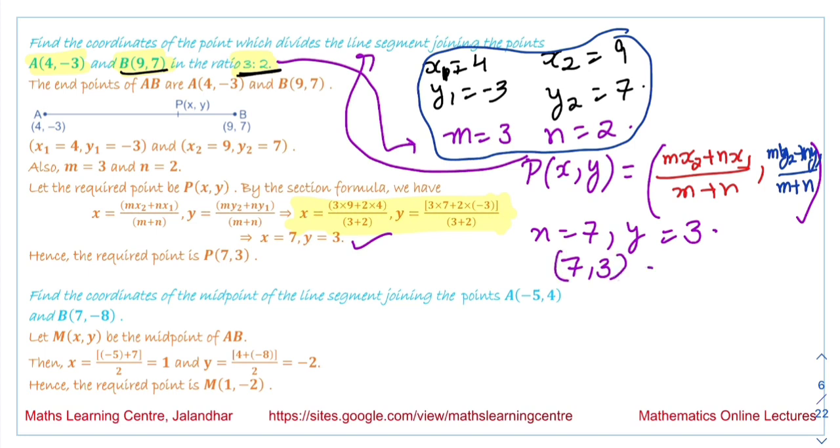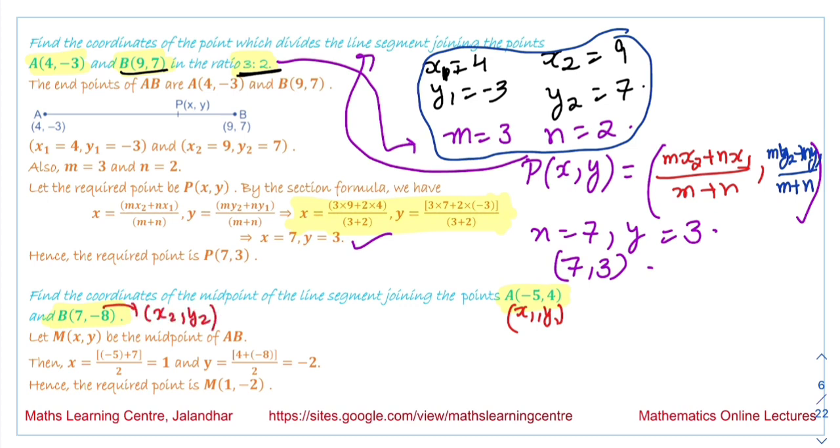Next we have, find the coordinates of the midpoint of the line segment joining the points. These are the 2 points. A is minus 5, 4 and B is 7, minus 8. So we have to find the midpoint of these two. This is the value x1, y1. This is the value x2, y2.